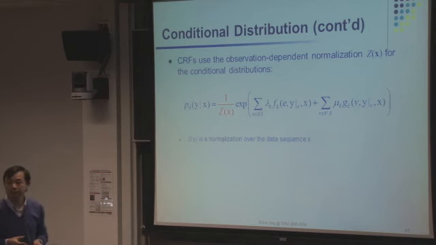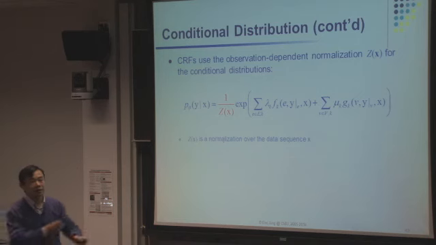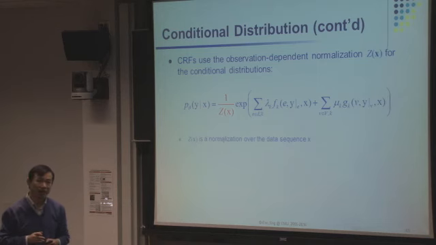So why do we want to have the conditional here and the joint in the RBM? Good question. You need to really ask the inventor of that. Let's see, it's actually a very good question.